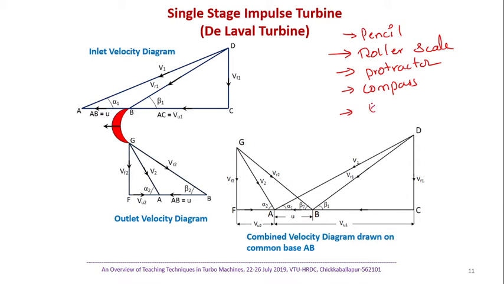Yeah, eraser, if you want an eraser. So these are the must-needed things for tomorrow's class, because we'll be starting with the problems. Do we need paper? No, paper you don't need. You write it on your head. So pencil, roller scale, protractor, compass and eraser, because we are doing the construction here.